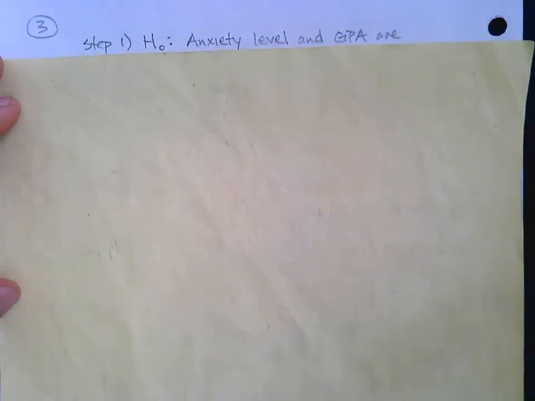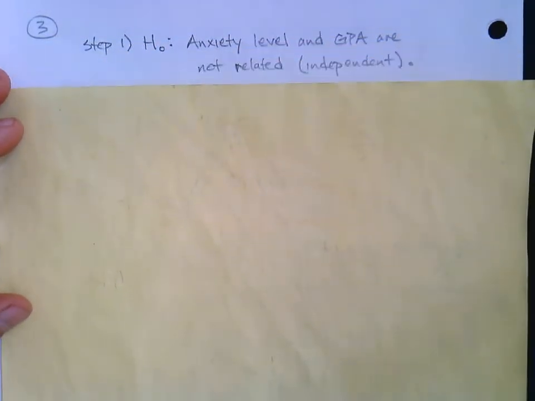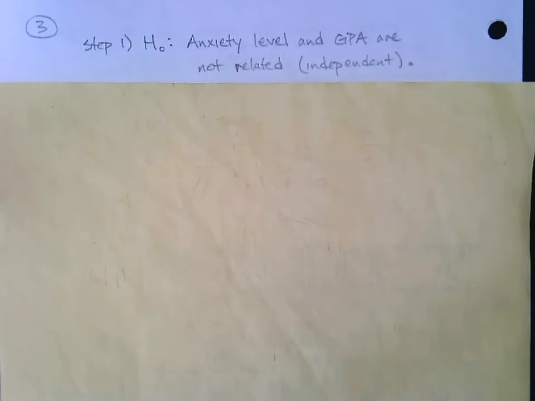Okay, well, of course, we start with our null and alternative hypotheses. So step number 1. Remember that we always assume that the two variables are not related, that they are independent. So here's step 1, the null hypothesis. Anxiety level and GPA are not related.